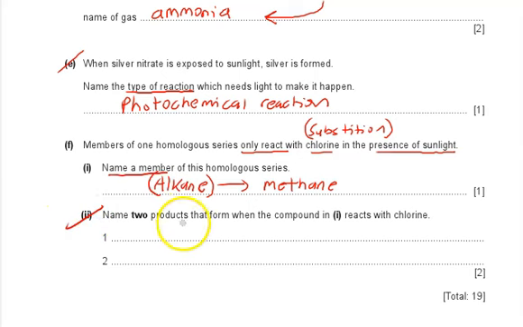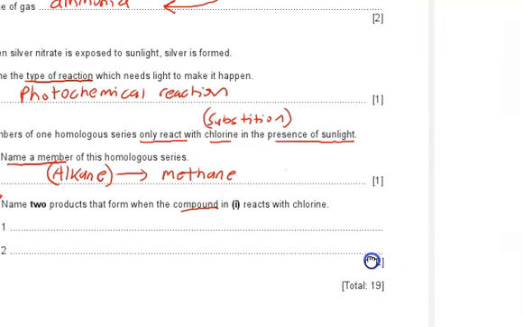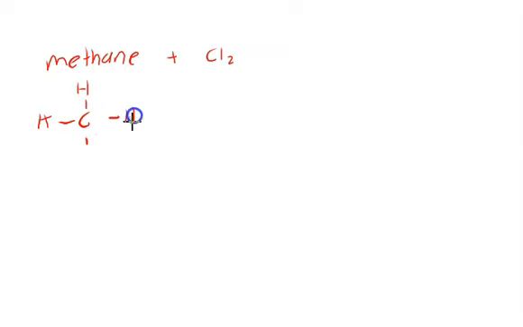Name two products that form when compound in 1 reacts with chlorine. Let me give you an example here. Let's say we choose methane with chlorine. We have 4 bonds of carbon because it has a valence of 4, and this is a chlorine.